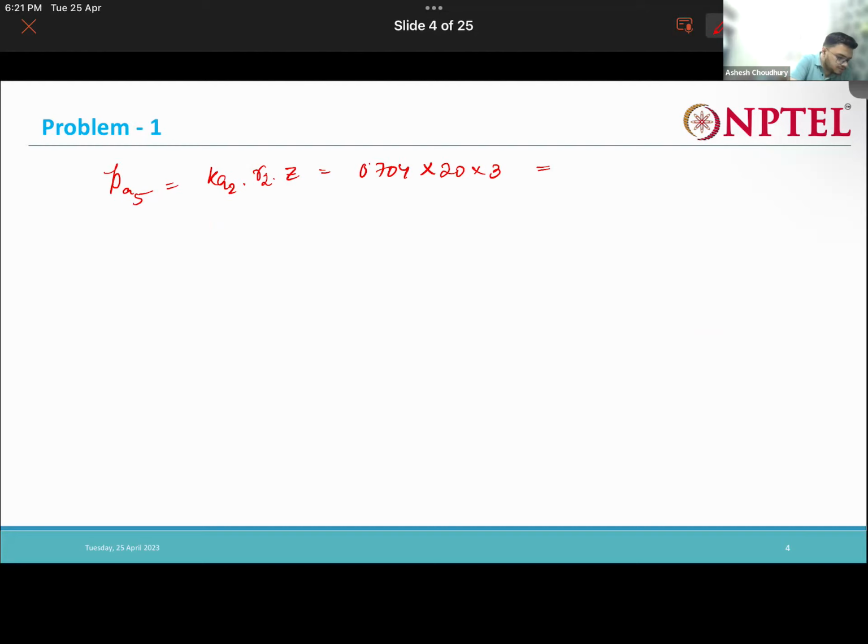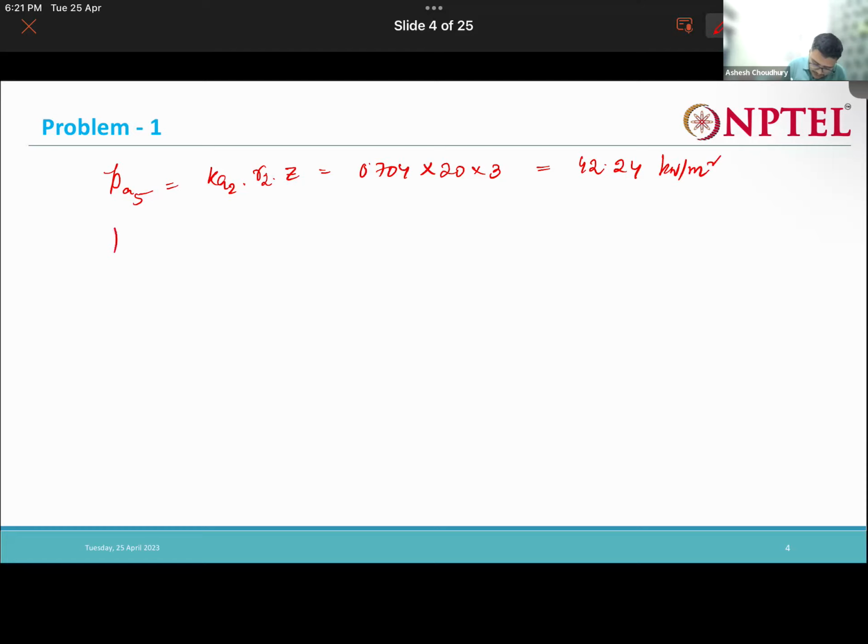So 0.704 into 20 into 3 is 42.24 kilonewton per meter square.